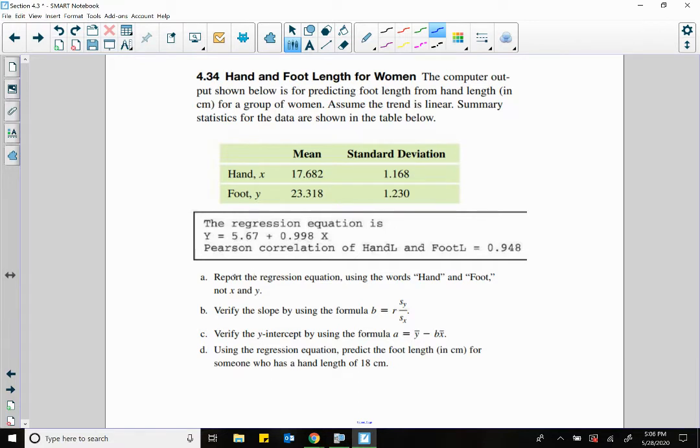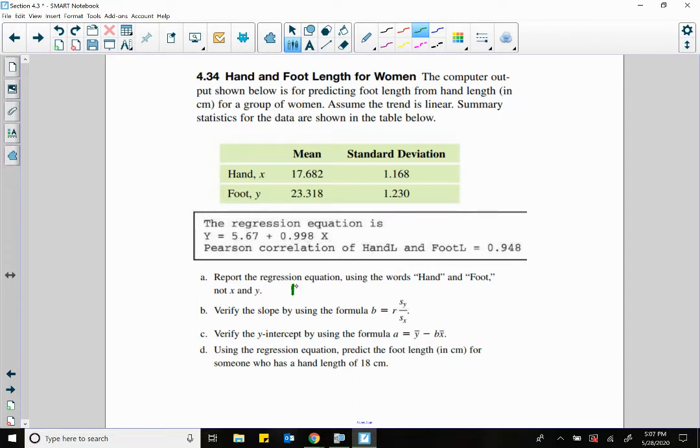So it says report the regression equation using the words hand and foot. Notice the equation they gave us up here is in the variable y and the variable x. All they want you to do is rewrite it with the words hand and foot. So if I rewrite this, the y is all about the foot.